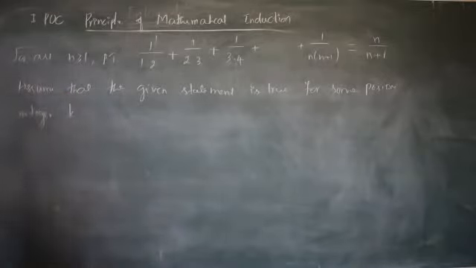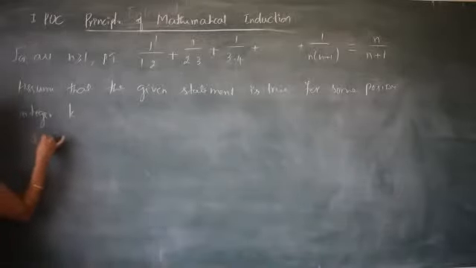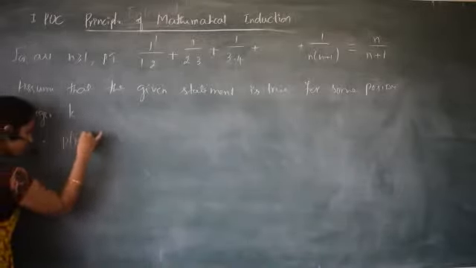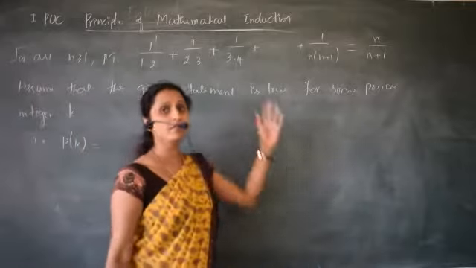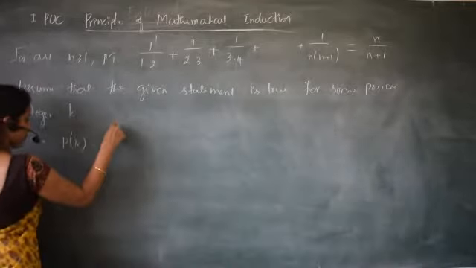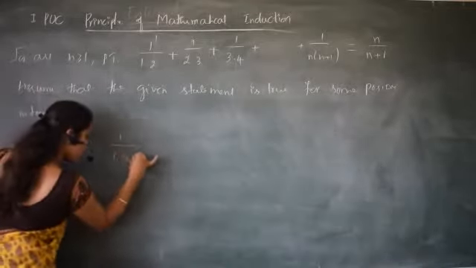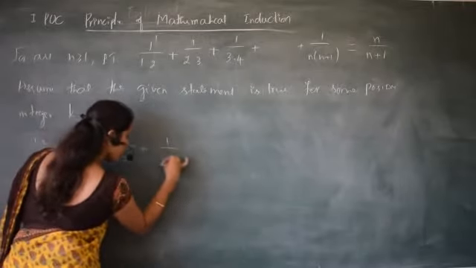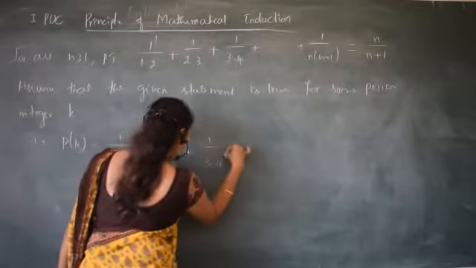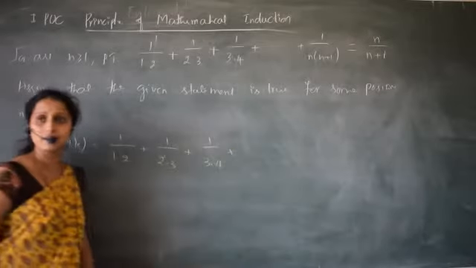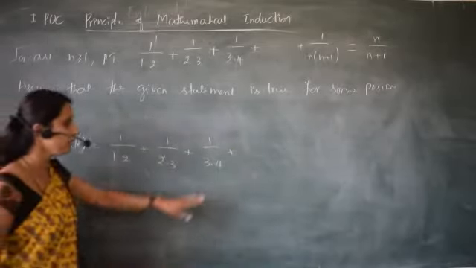We have to assume this, the given statement is true for some positive integer k, that is P of k. P of k is equal to, we have to replace n by k in the given statement.